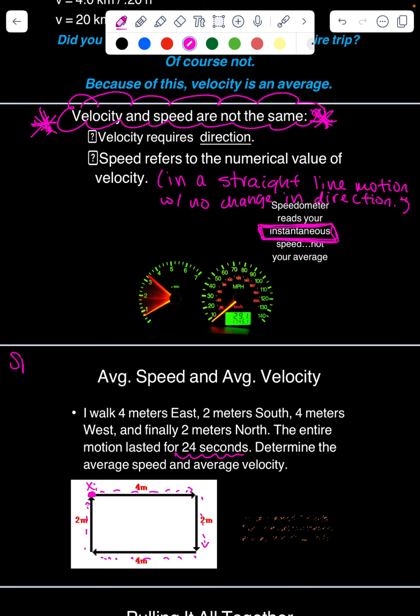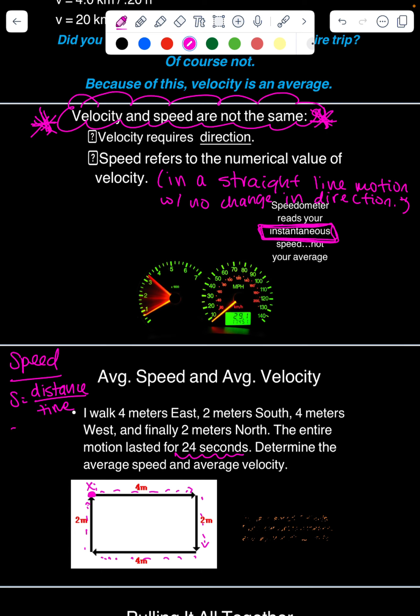So let's take speed first. We know that speed is equal to distance over time. Remember, distance is our scalar quantity, so it is taking into account every single motion that we made.